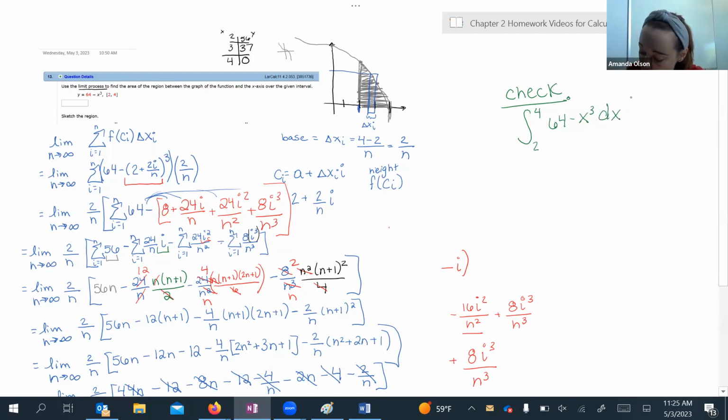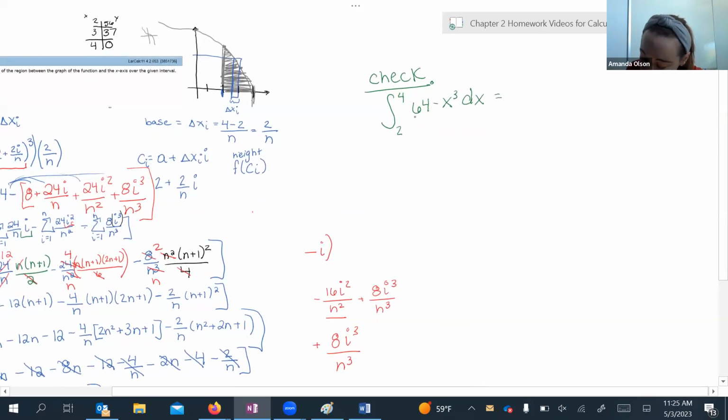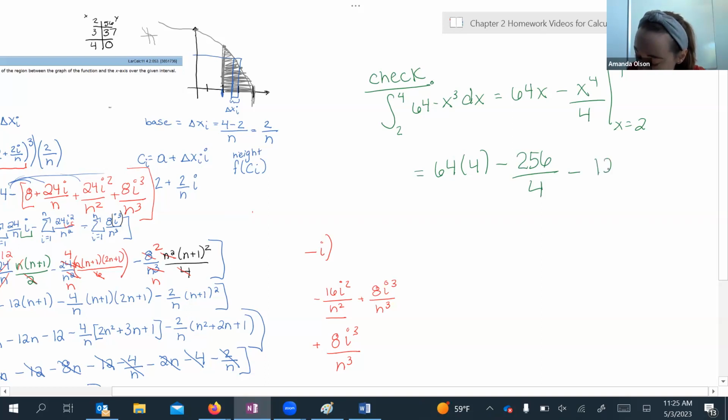So if we just check this definite integral, we get 64x minus x to the fourth over 4, and this goes from x equals 2 to 4. So this becomes 64 times 4 minus 256 over 4 minus 128 plus 16 over 4, and I know a lot of that simplifies.